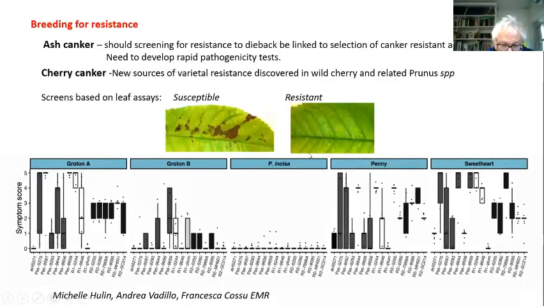Groton B, a wild cherry, is resistant to most strains as well. So there is resistance in the related species, and a cross between Incisa and Napoleon, the progeny from that have been studied, and they're turning out to be resistant as well. So there's hope that it's an inherited, perhaps a dominantly inherited trait that might be useful for incorporation into sweet cherry cultivars in about 25 years' time.